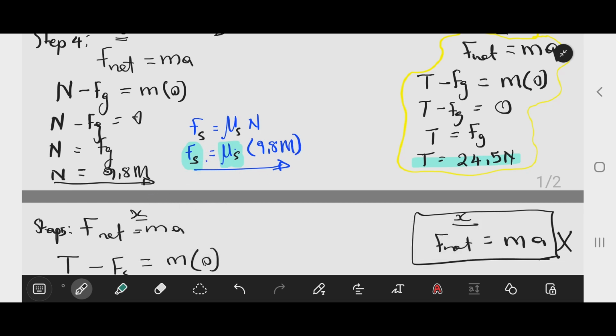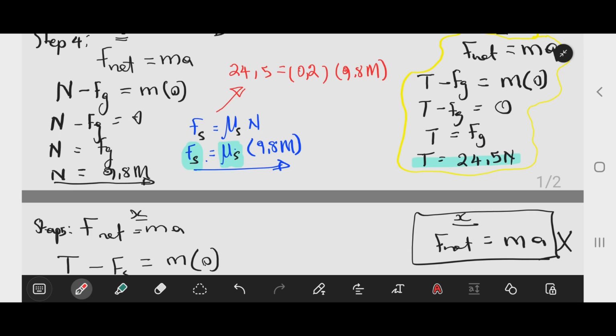So static friction is 24.5. This is equal to 0.2, the coefficient of static friction, multiplied by 9.8 m. So m is the mass that we are calculating.